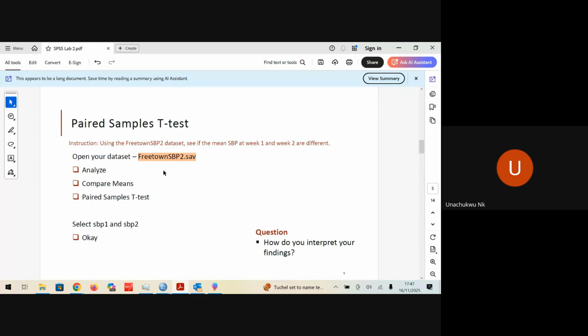So import data. Import data SAV. There's no SAV in our options, so I'm seeing Excel, CSV, text data. You don't need to import SAV.